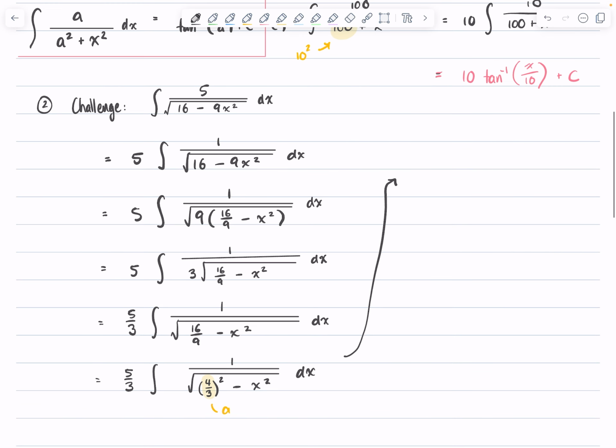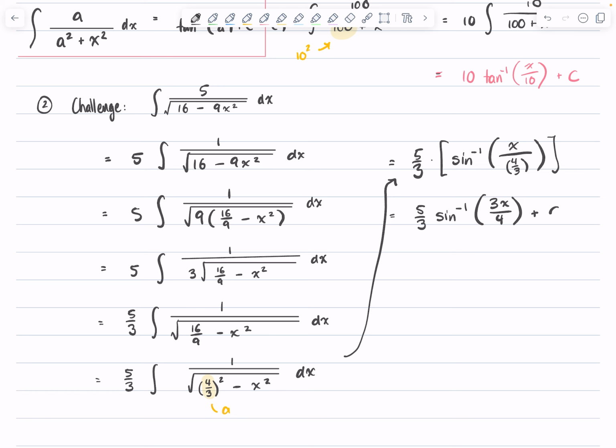I'm going to have 5 over 3 out the front, times arc sine of x on 4 on 3. Now that's a pretty ugly representation. So I'm going to be changing it ever so slightly to be arc sine of, now dividing by 4 on 3, which we've got here, is the same as multiplying by 3 on 4. So it's going to be 3x on 4.